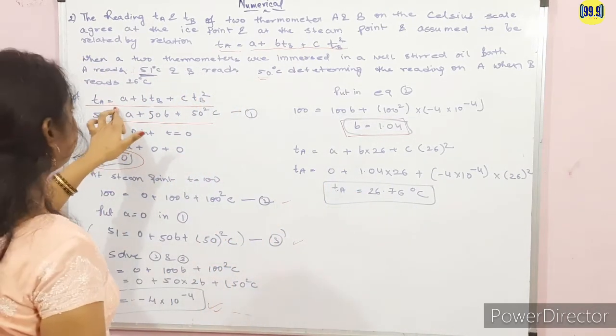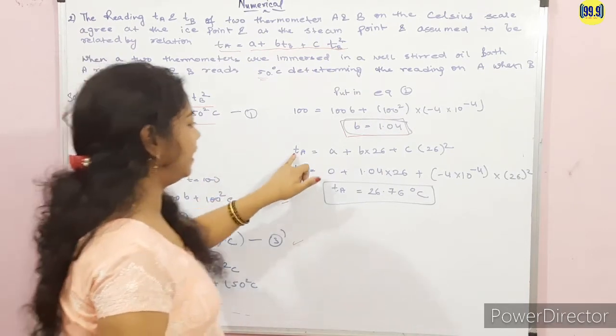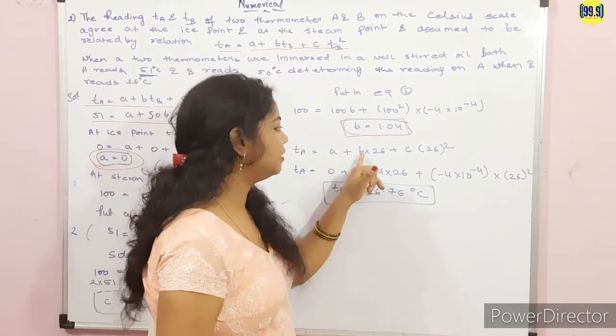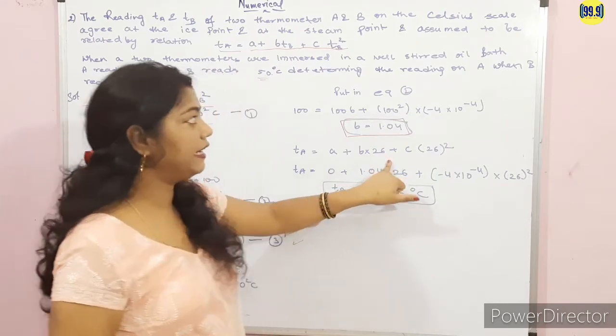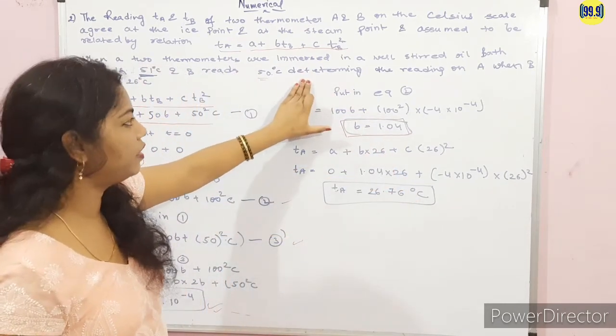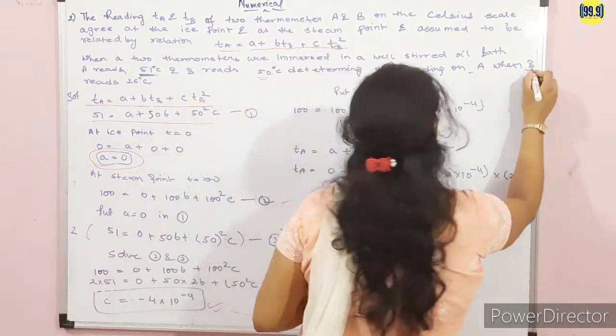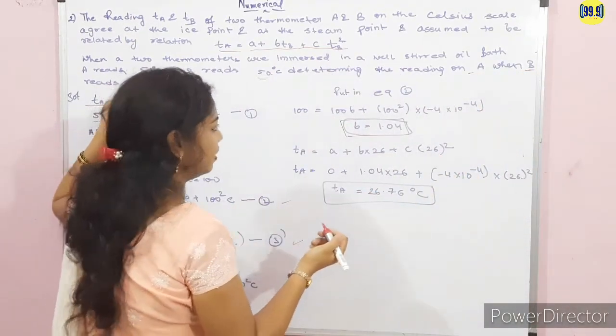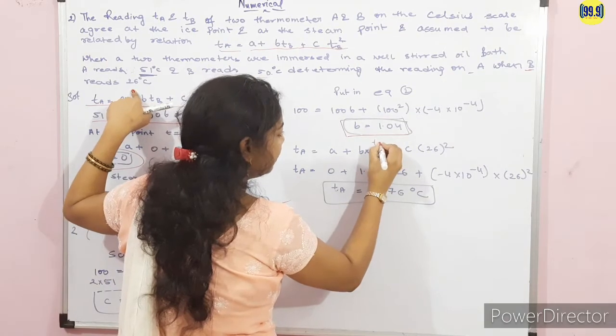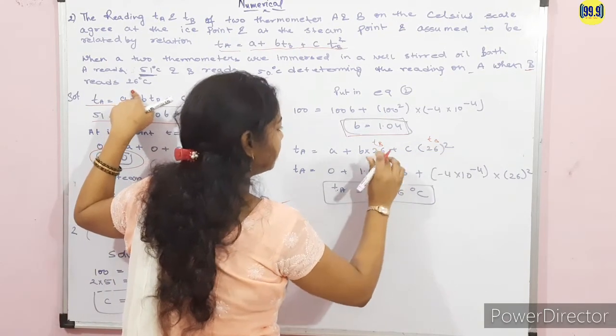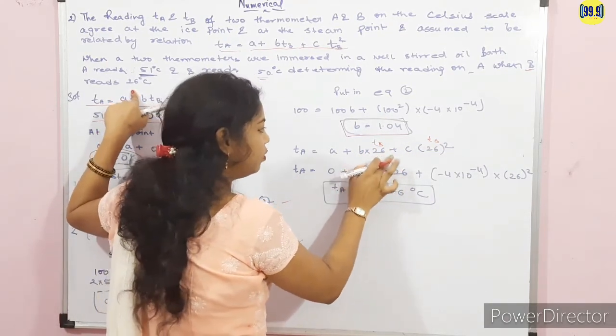We have to determine the reading of A when B reads 26 degrees Celsius. So instead of TB we put its value, that is 26.